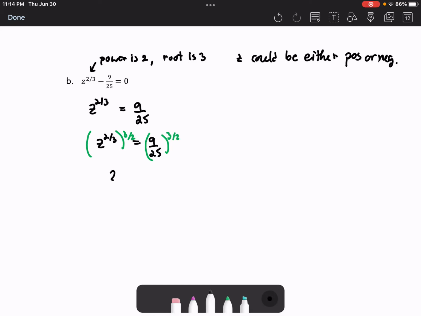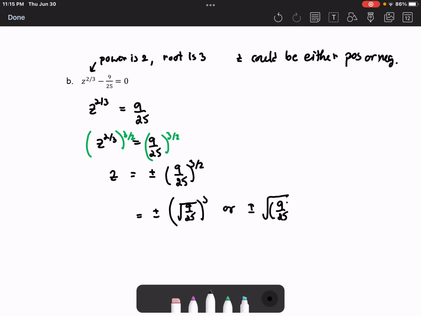That will give us z equals plus or minus the number 9 over 25 to the power 3 over 2. So this one means the square root of 9 over 25 raised to the power 3, or plus or minus the square root of the quantity 9 over 25 to the power 3.